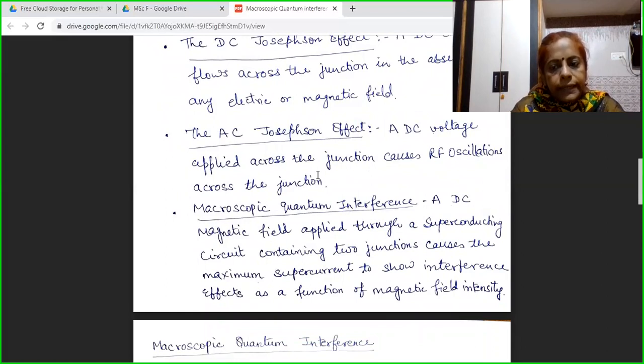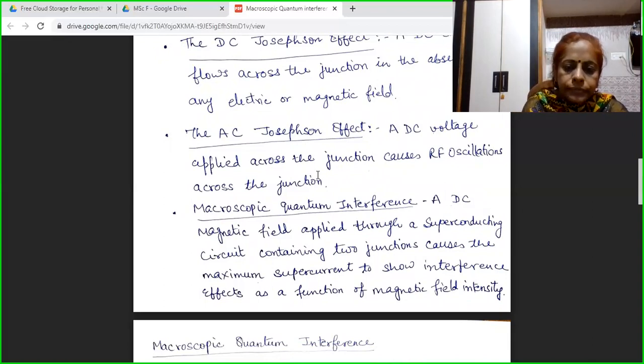As in DC and AC, we have simply two superconductors separated by an insulating layer. But in this case, we will take two such junctions and we will show that due to interference effect, the output has a current.